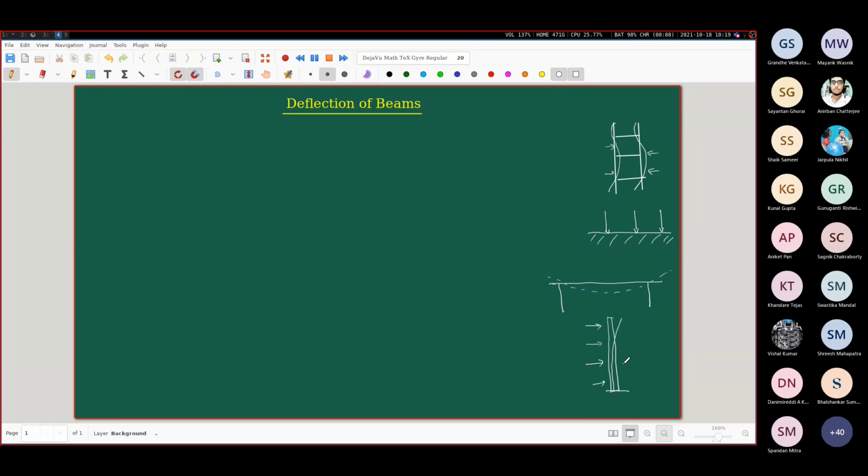Now one may say that fine, it is deflecting, but as long as it is not breaking apart, it is fine, right? But understand that people are going to live and work in this building. If the deflections are too high, it is not going to be usable.